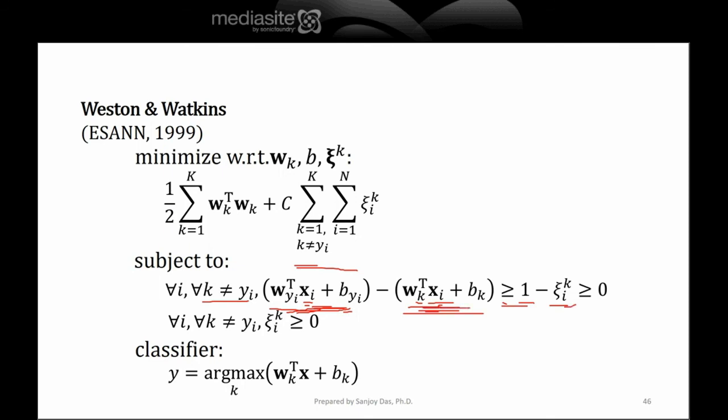Otherwise, we incur a penalty, zeta ik, and so our objective function to minimize is half of the sum of wk transpose wk, plus C, which is the weight, times the sum over k equals 1 to K, where k is not equal to yi, of zeta ik, summed over all points. And of course, zeta ik is greater than or equal to 0, and the classifier is as in the one versus all.